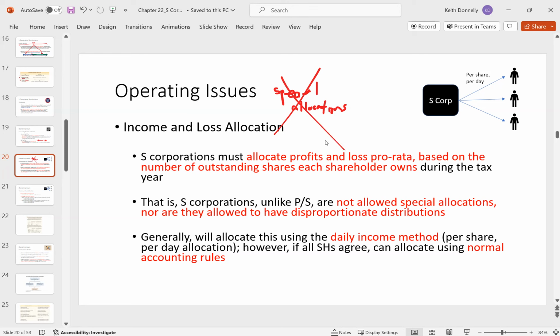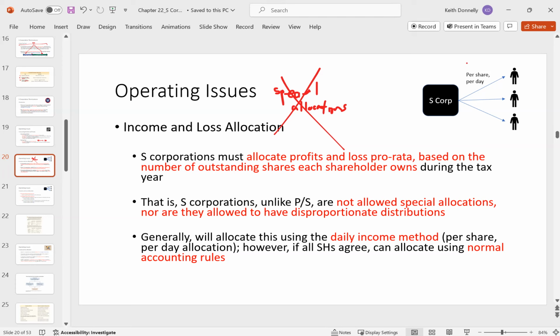Can't do that. We said with partnerships, you are allowed to do it. What is a special allocation? Hey, you're a 10% owner, but we're going to give you 25% of the profits. And it works for deduction and loss items as well.